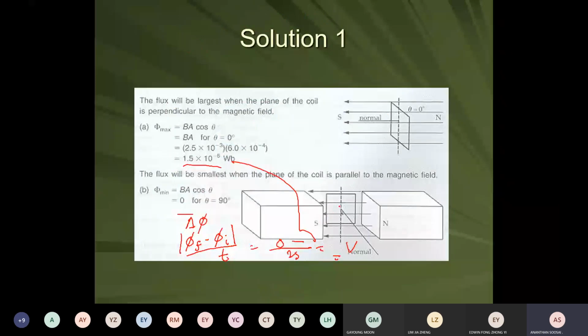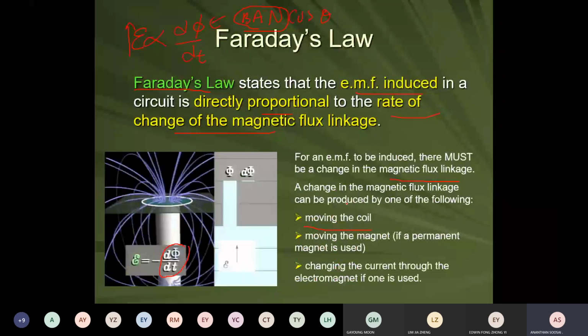You see 1.5 times 10⁻⁶ becomes 0 because you are turning it. So if you move the coil or turn the coil, you get flux change, so you get EMF. That's what happens in a generator. In a generator, the coil is turning, the flux through the coil is changing, so the coil experiences EMF.